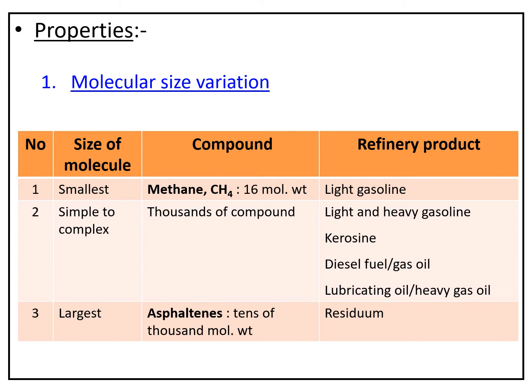Between these two extreme molecular sizes in petroleum, there are thousands of compounds having simple to very complex structures, and the products will have high molecular weight hydrocarbons that range from heavy gasoline to heavy gas oil. So meaning that as the molecular size increases, the individual members change from gases to liquids to solids.